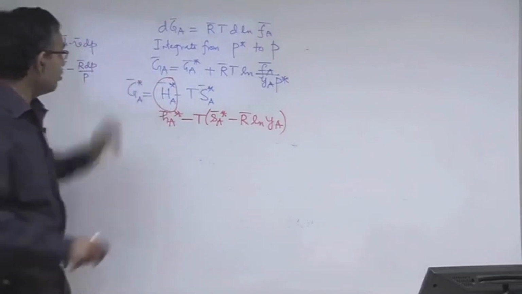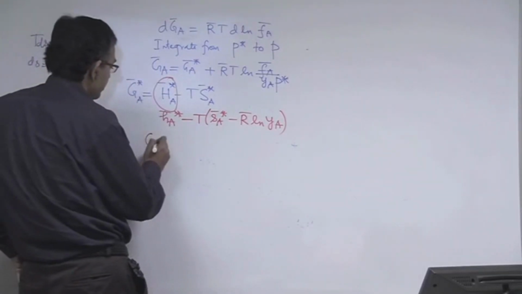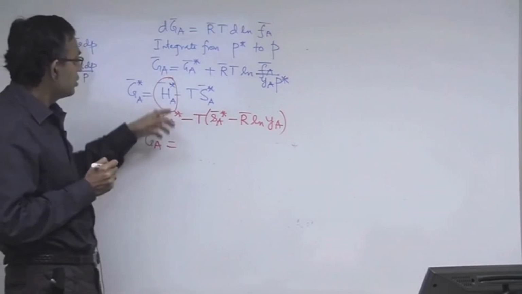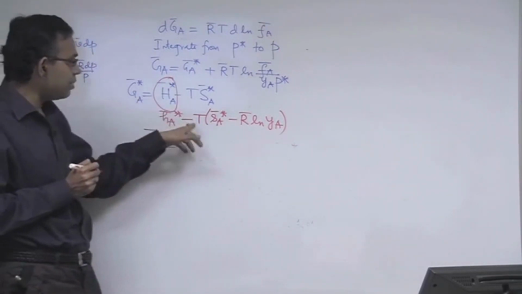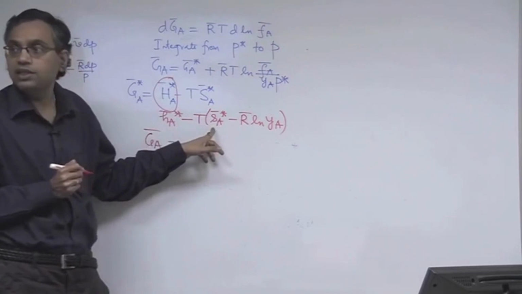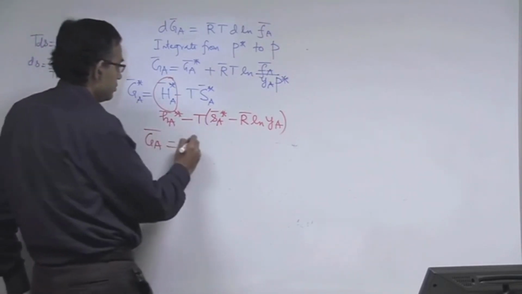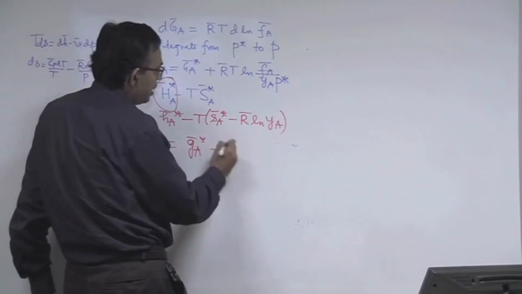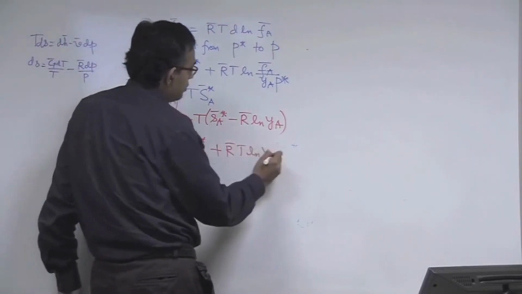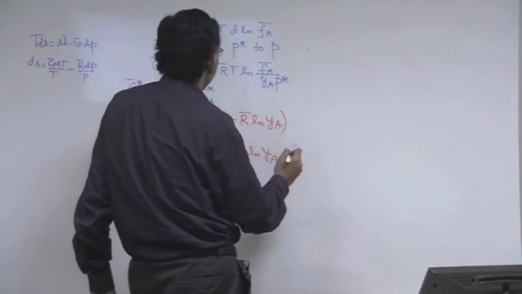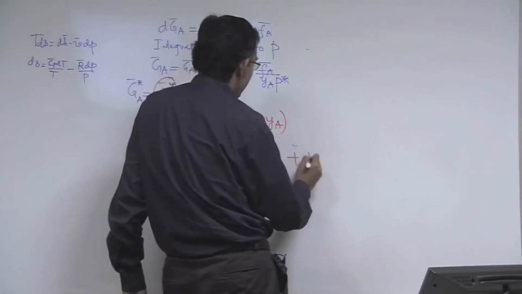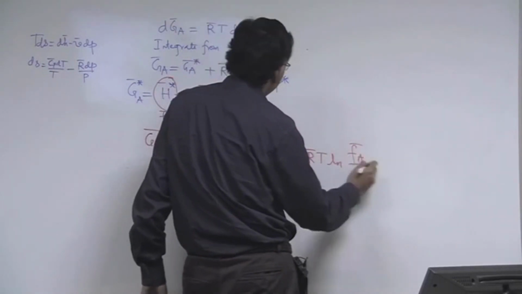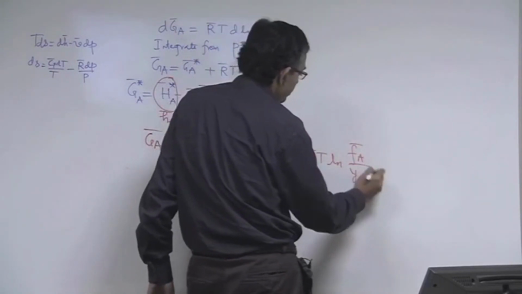So when you write G a in place of G a star, what is this? H a star minus T small s a star is small g a star, plus RT ln Ya, plus RT ln F bar A by Ya P star.